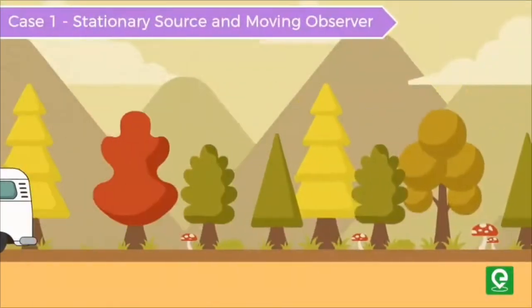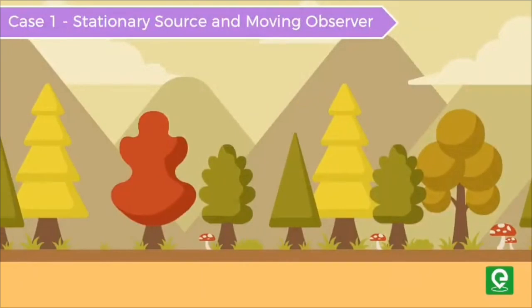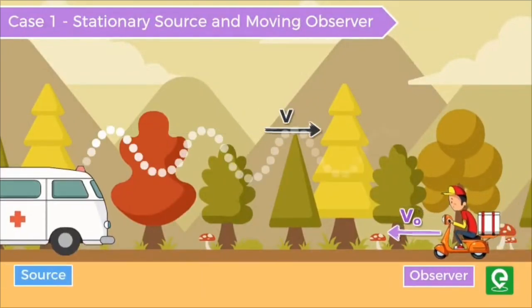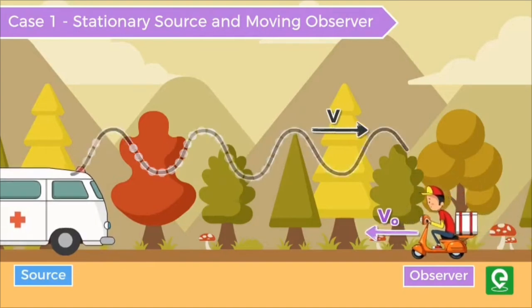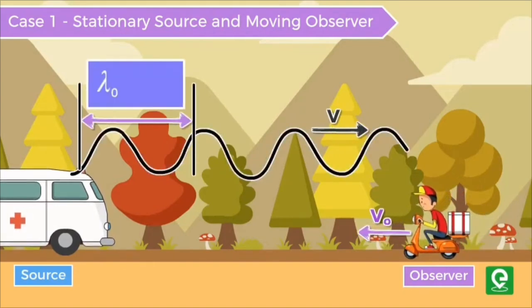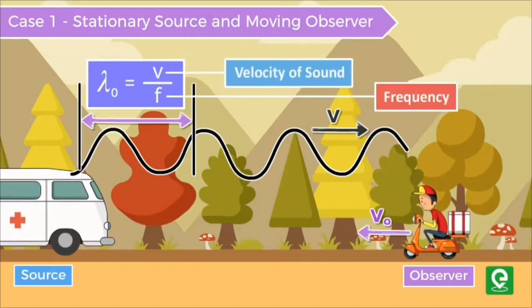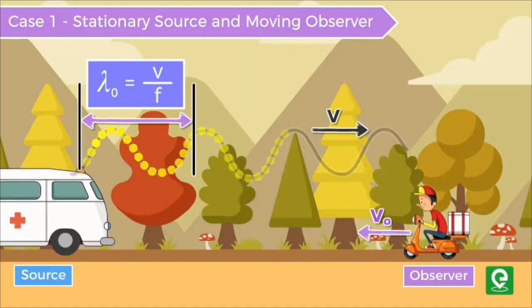Case 1. Stationary source and moving observer. When a stationary source produces sound waves of frequency f, then its wavelength in the air is given by the relation λ0 = v/f, where v is the velocity of sound. Now these waves are traveling towards an observer who is moving with a velocity v0 towards the source.